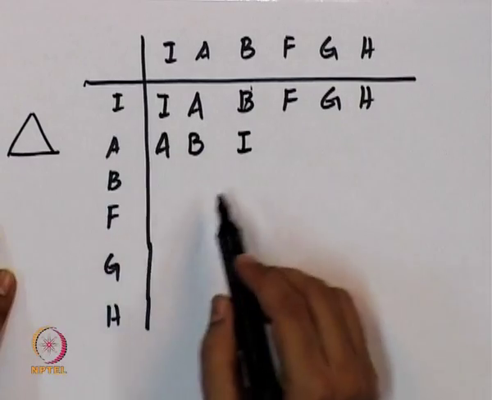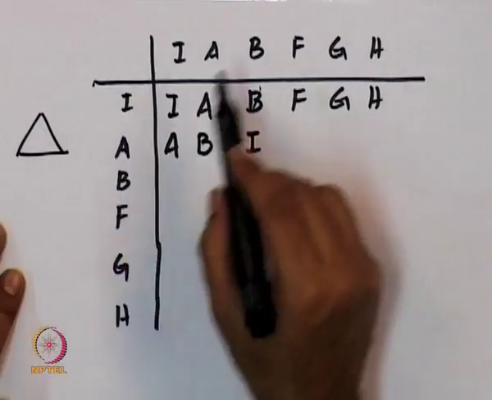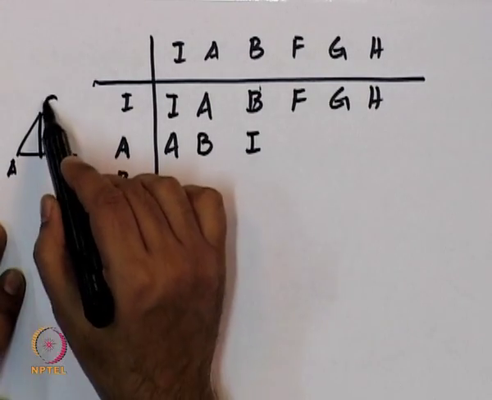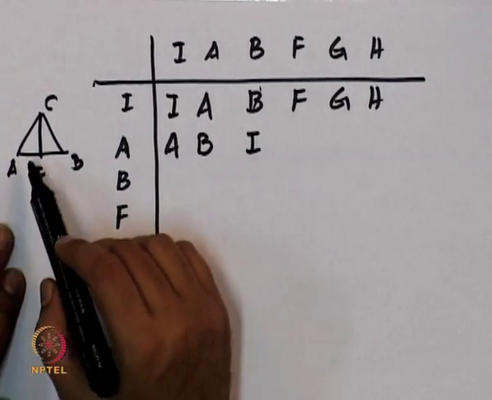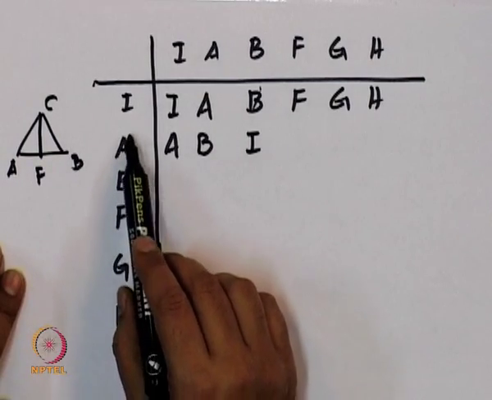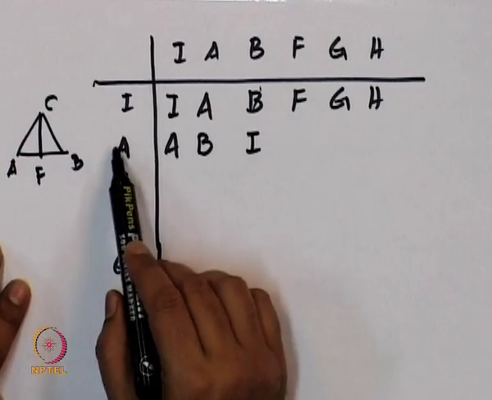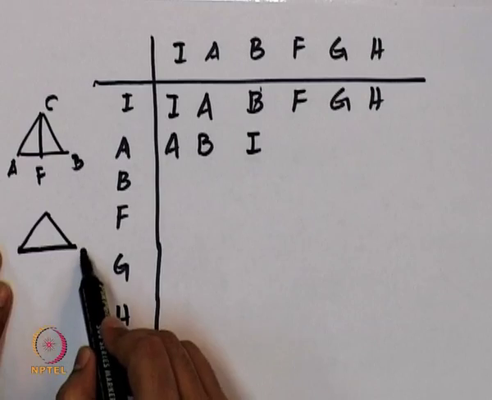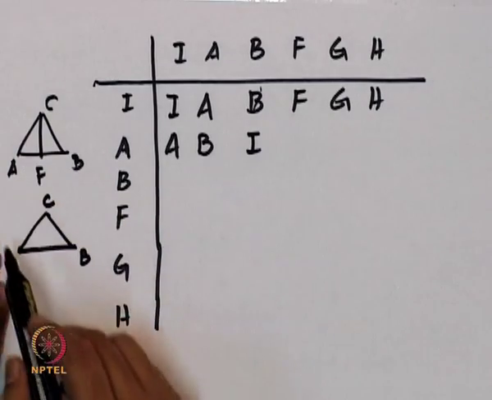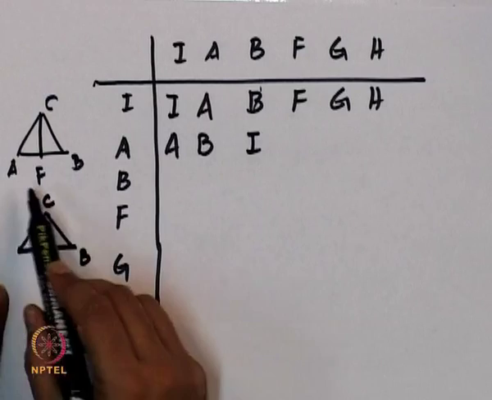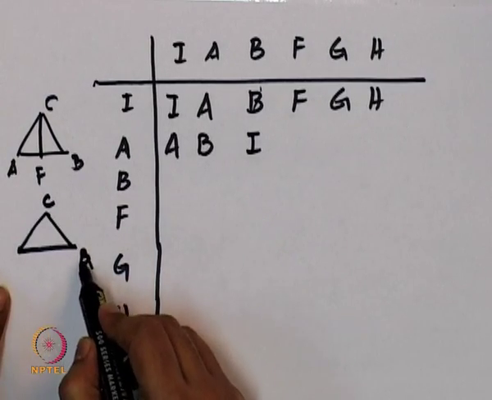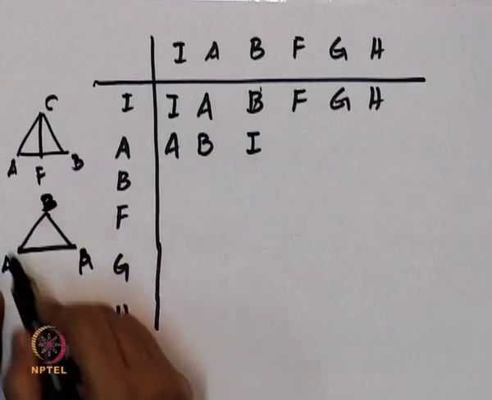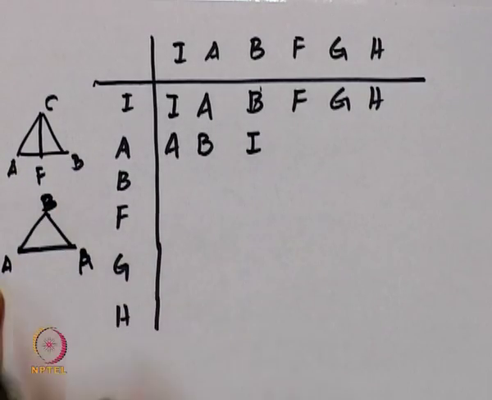Similarly, suppose I want to know what happens with A and F. Remember this is A, B, C and this is my F. First I did the 120 degree rotation, that is what the A operation is. When I did that, A went to B, B went to C, and C went to A. This is what the 120 degree rotation would have done.